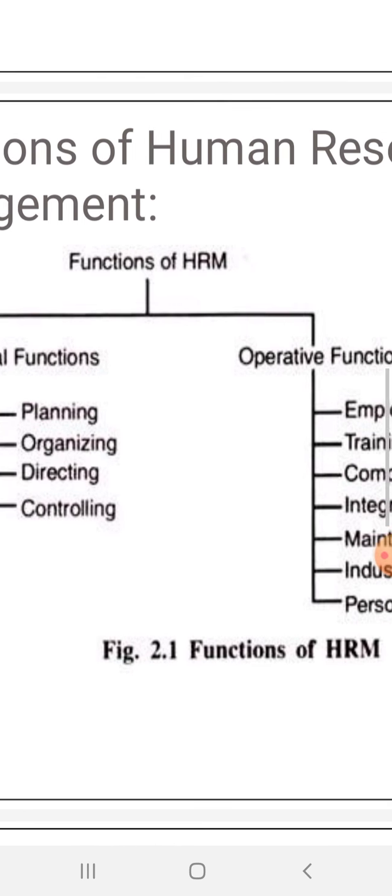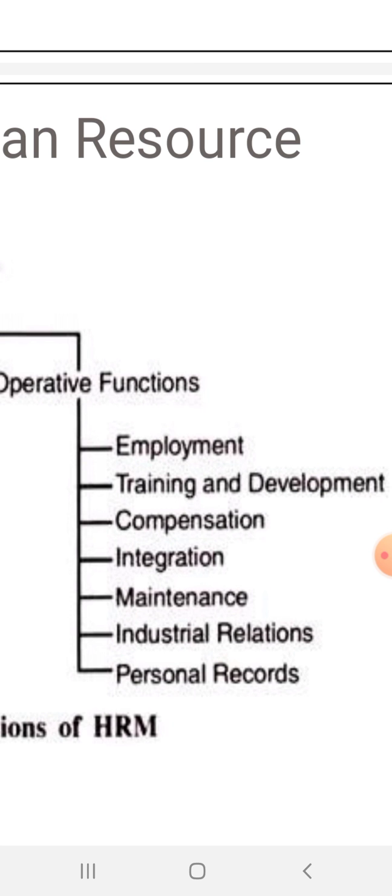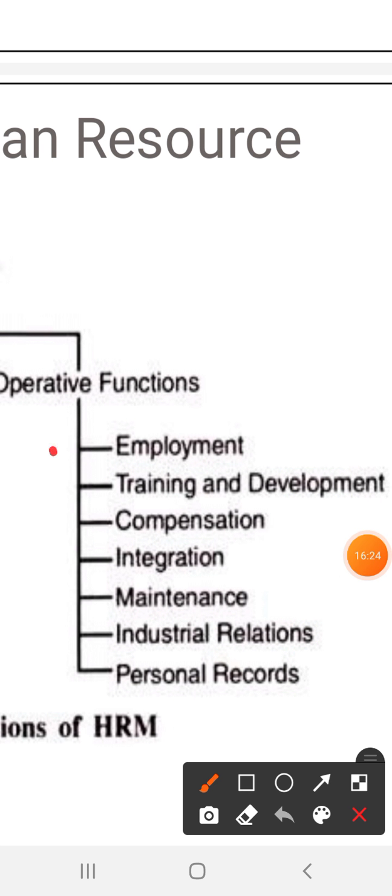Then we have also discussed the operative functions, where we discussed different aspects such as employment, including the processes of job analysis, human resource planning, selection, and recruitment. Then training and development, and how training plays an important role.